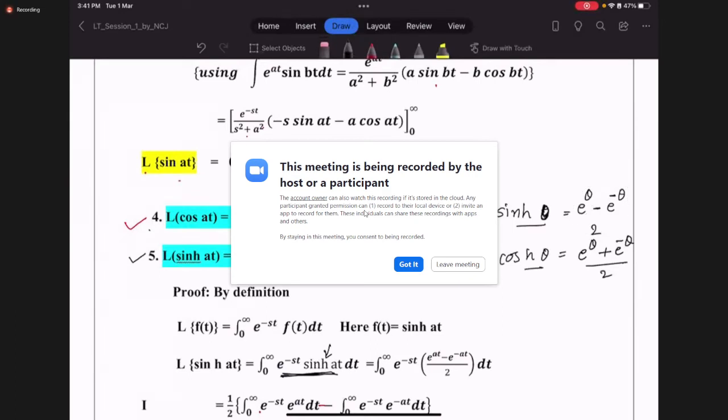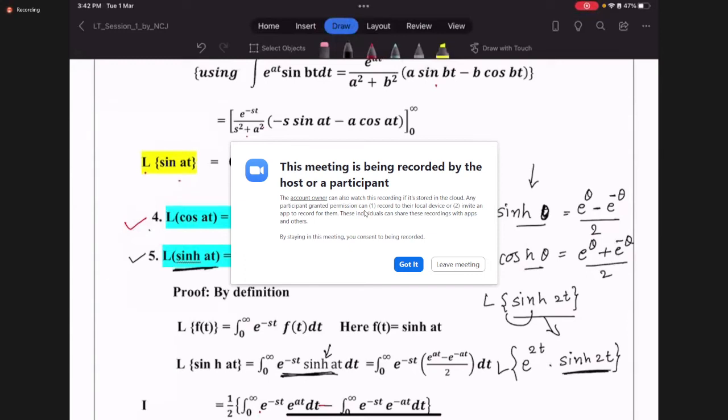Suppose you are asked, what is the Laplace of sinh 2t? There is a formula for sinh 2t, you can use it directly. But sometimes sinh 2t is multiplied with, say, e raised to 2t, and its Laplace is asked.